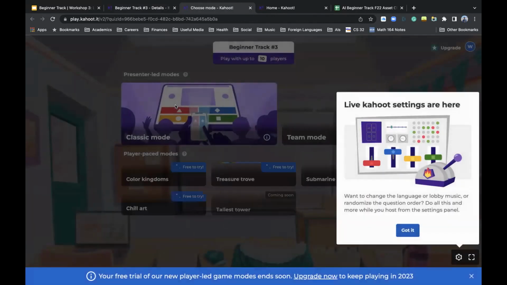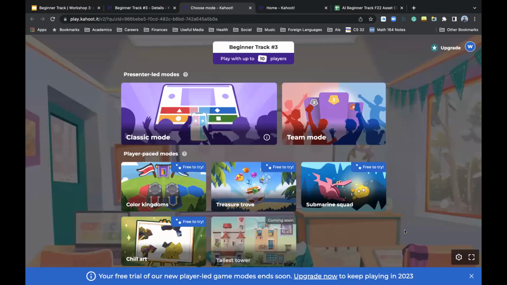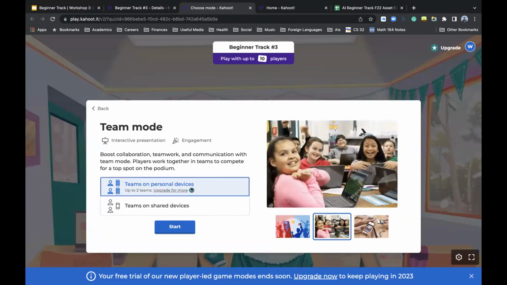I think we can do it. Should I do team mode? Teams on your personal device, get up to 2 teams. Do we have that? Do you have to pay for it?